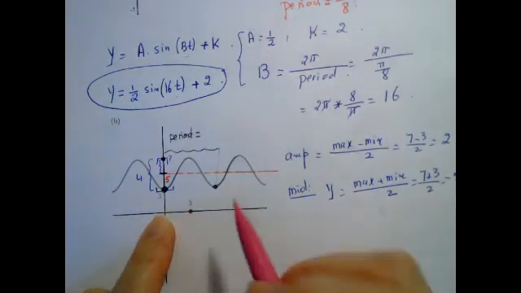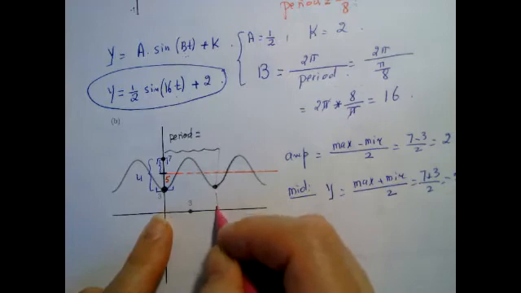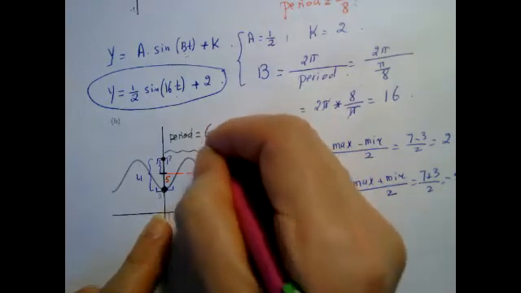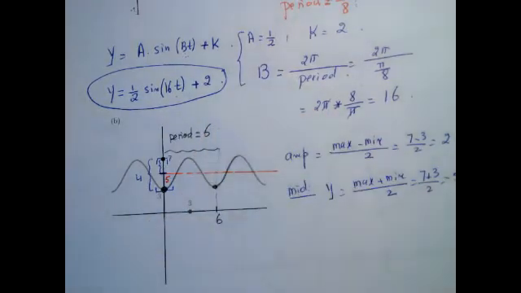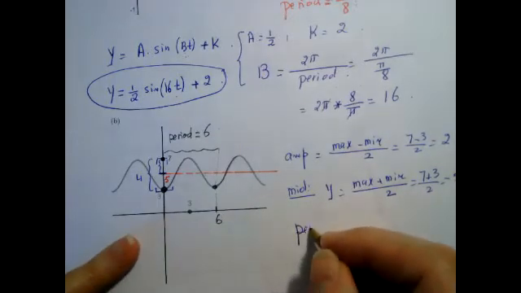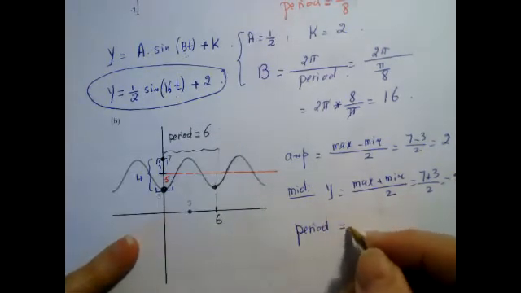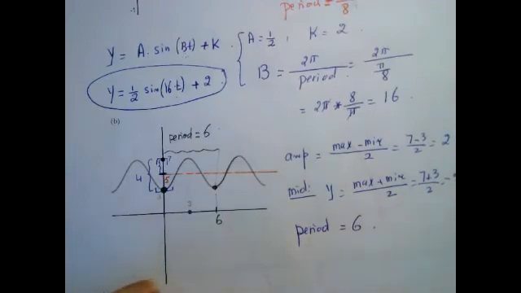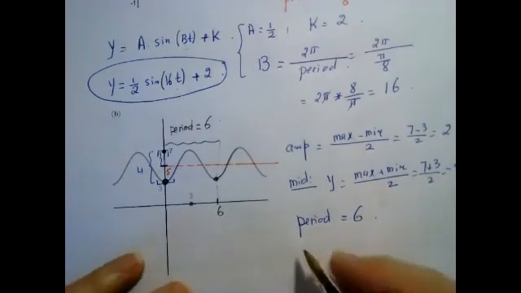If this is 3, this has to be 6. So the period is 6. I don't have to give you the exact value. I can give you a piece of it. You have to figure out the rest. So the period here is going to be 6. It's not 3. And the graph is like minus cosine.